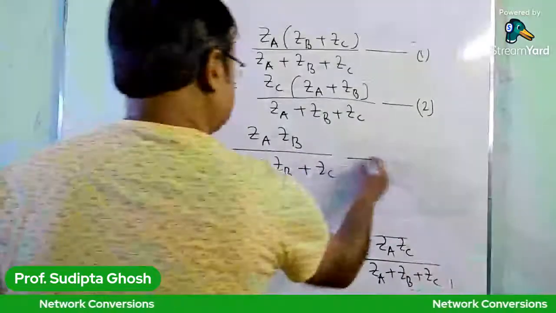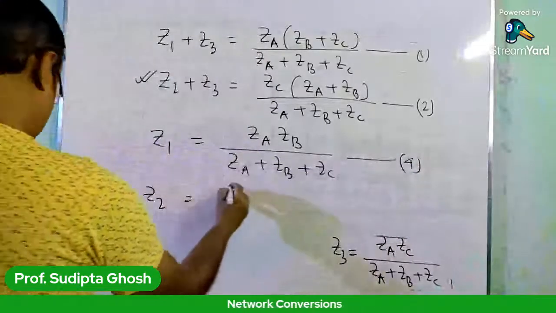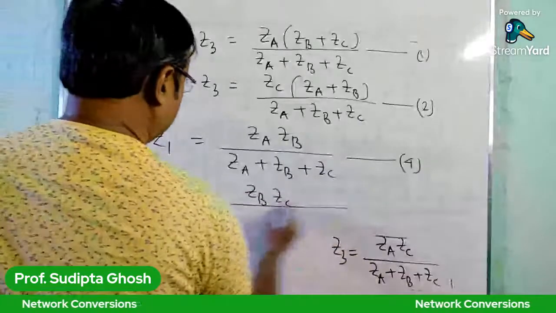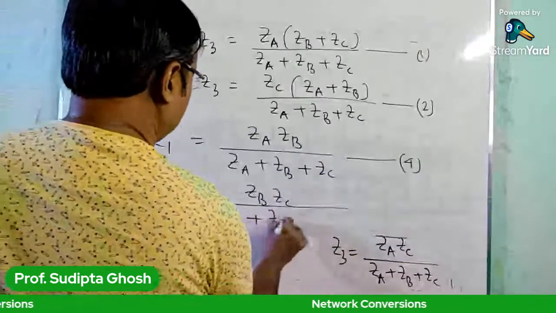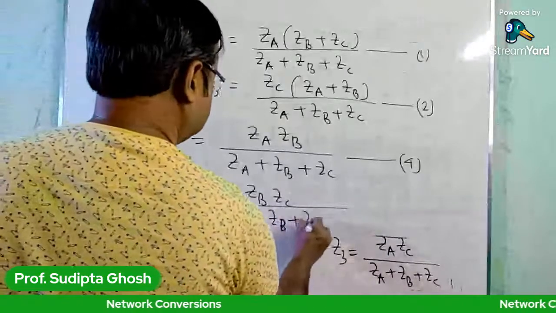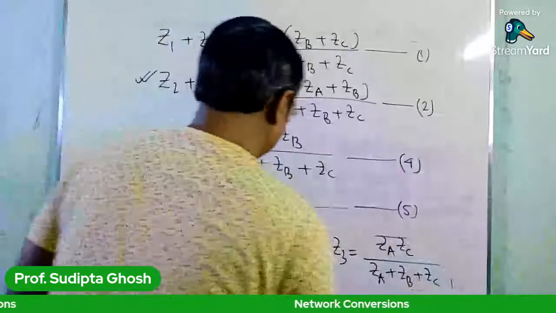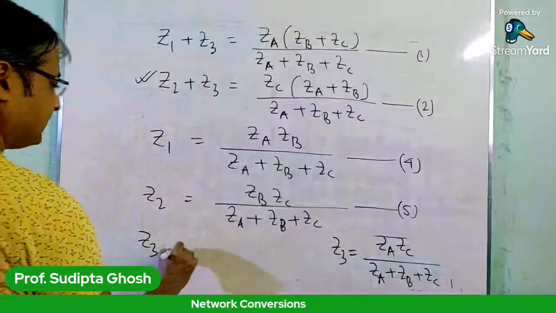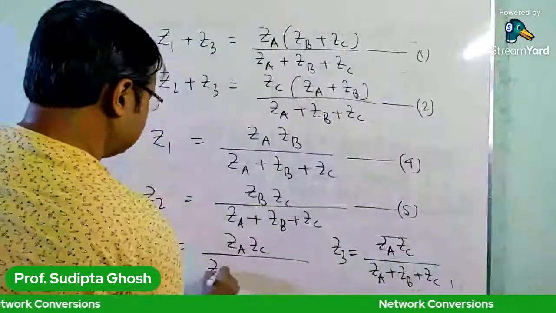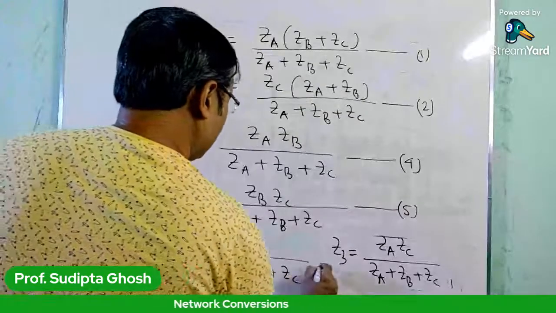You can write it as equation 4. Then Z2 is ZB ZC whole divided by ZA plus ZB plus ZC, and let it be equation 5. And then the value of Z3, that is ZA ZC divided by ZA plus ZB plus ZC, and let it be equation 6.